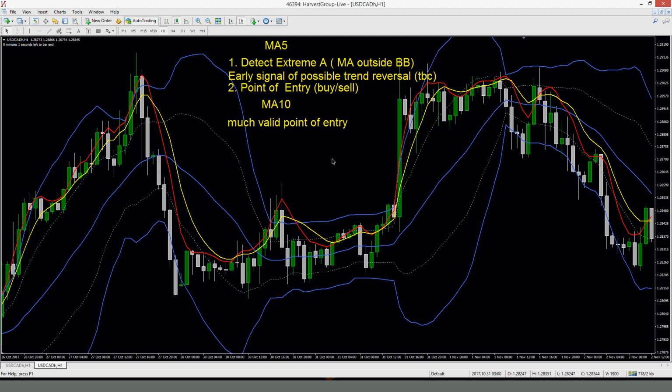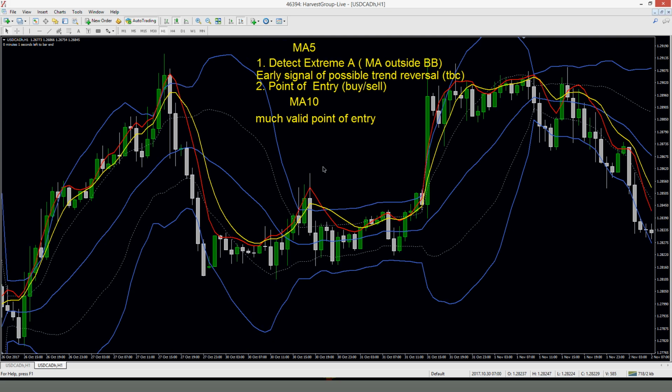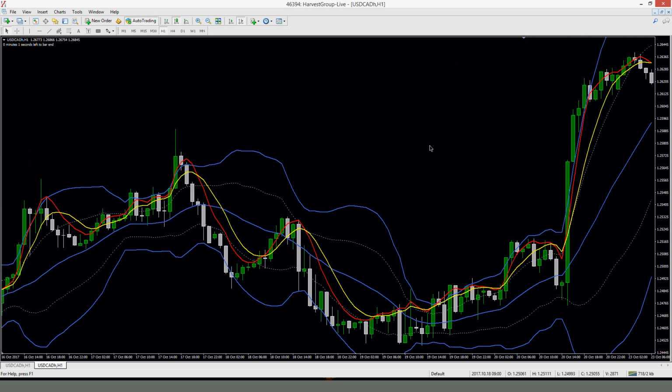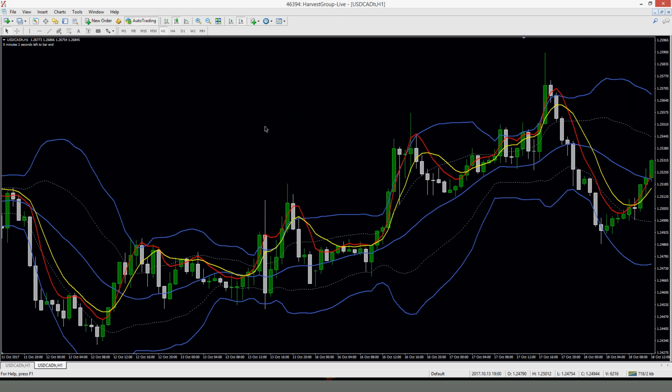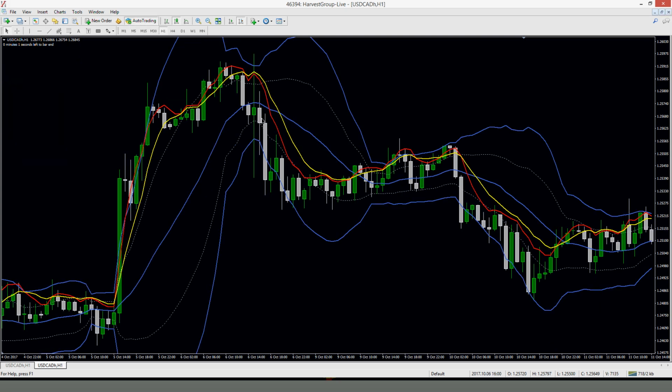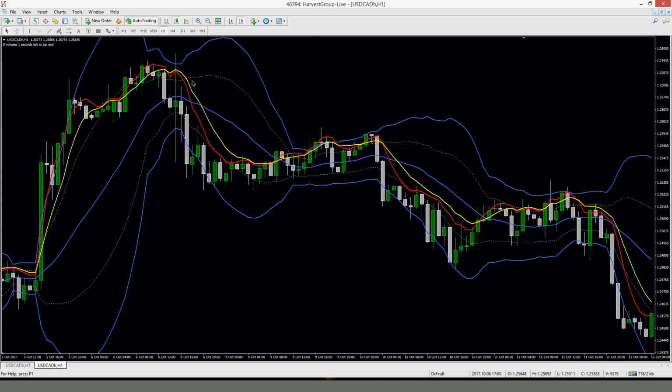So let me just find a re-entry sell that is much more valid. So let's look into a much better sell setup over here. Okay, so this one is a very strong re-entry, a sell entry. So what do I mean by that?